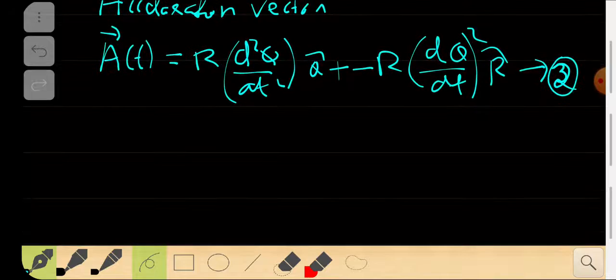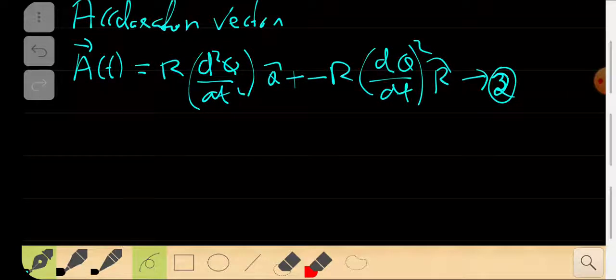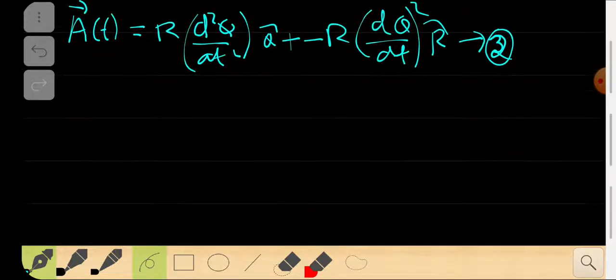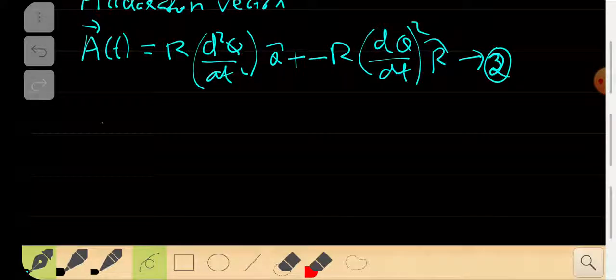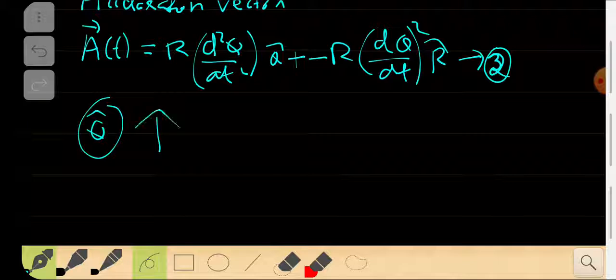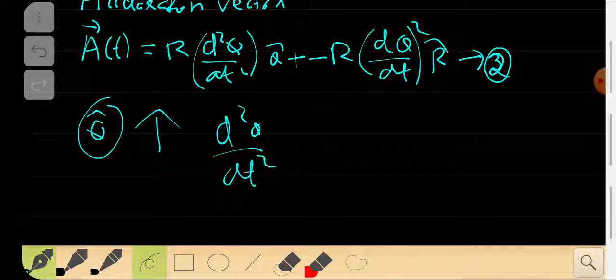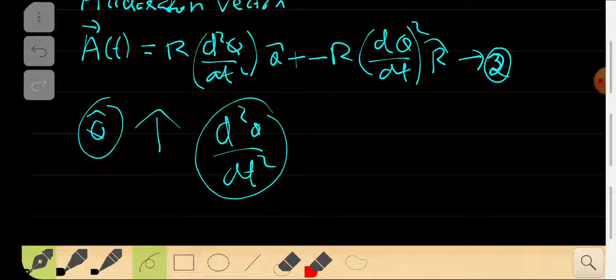Similarly, if you look at this acceleration vector, you can see clearly that the theta cap component is increasing with increasing d square theta by dt square. It increases fast if the second derivative of theta is going fast. Second derivative means the slope of the slope.